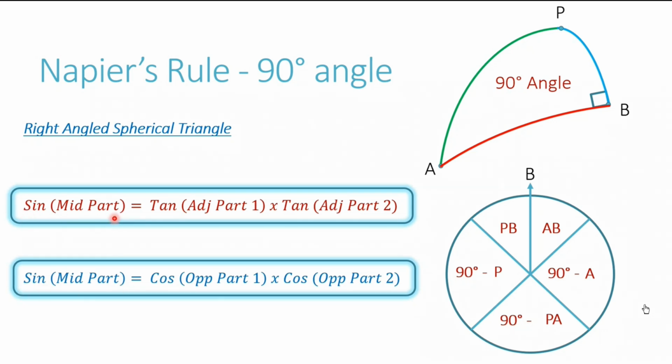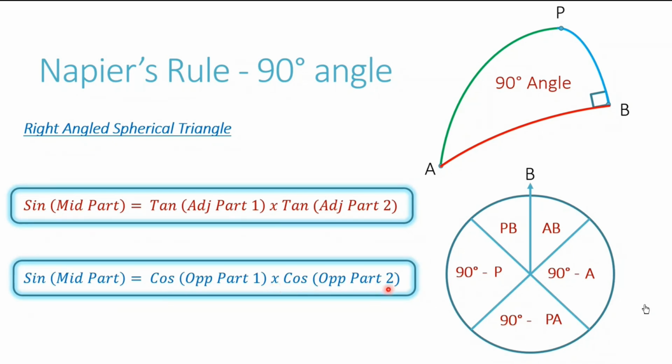So left hand side, sine of the middle part is quite easy to remember. Now on the right side, we have tangent adjacent part 1 multiplied by tangent adjacent part 2. Or in the second case, we have cos opposite part 1 multiplied by cos opposite part 2.